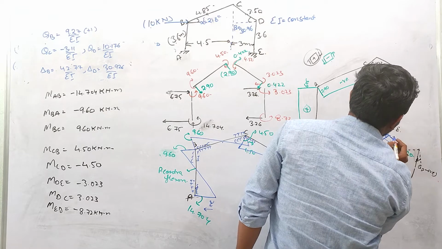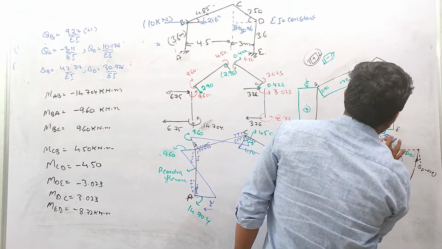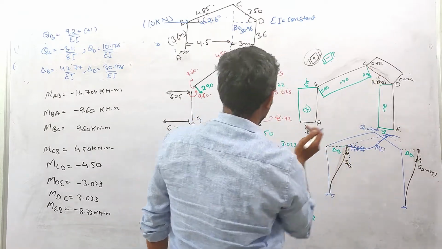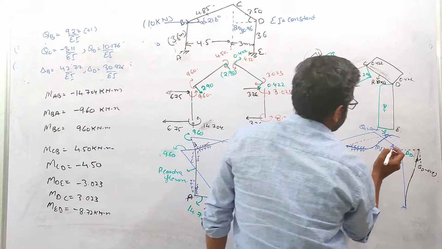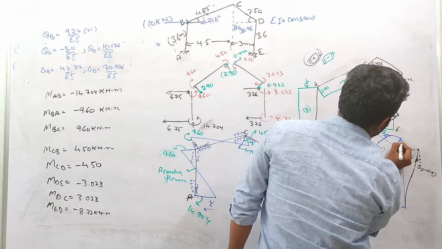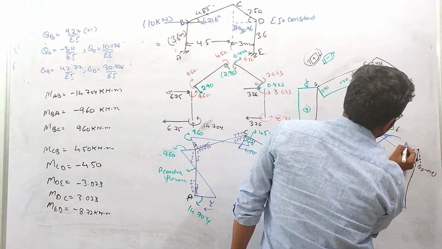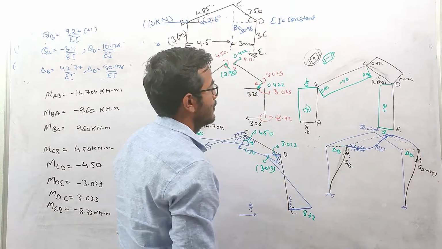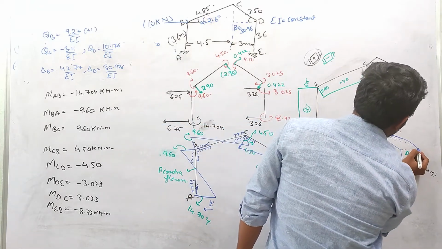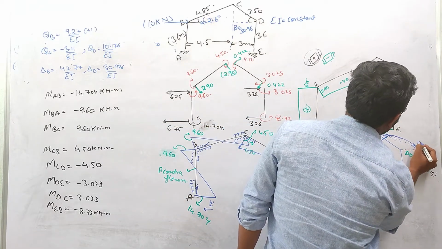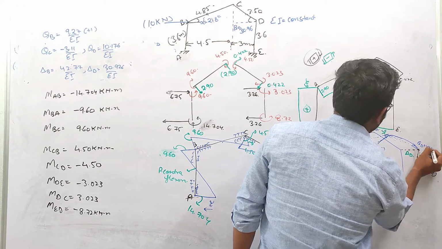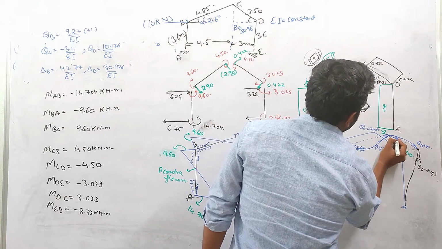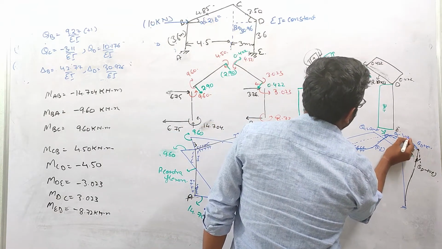So basically, this bottom face is in compression. You can see that through this bending moment diagram, this bottom face is in compression, right? So it will bend like this, basically. Right? Here you can see that theta d is positive, clockwise. Okay. Here this theta is anti-clockwise. Theta c is negative.